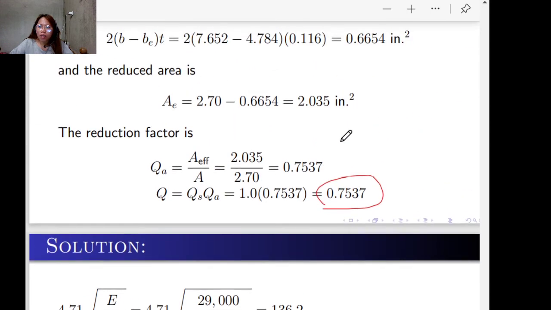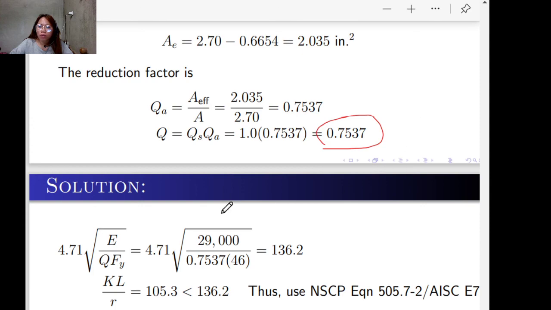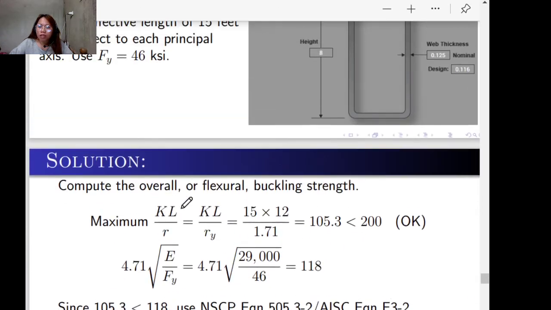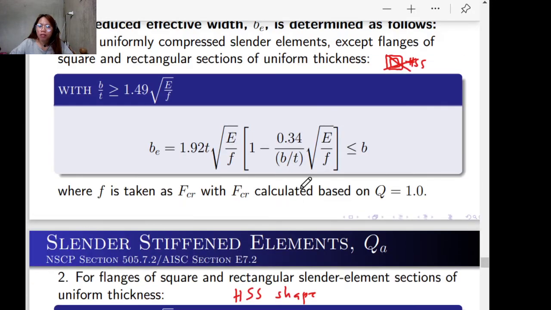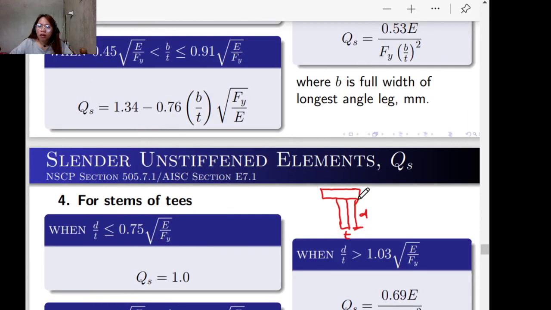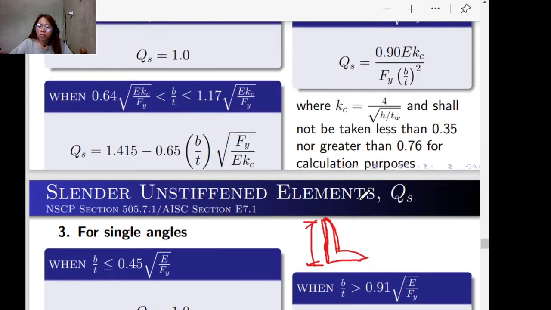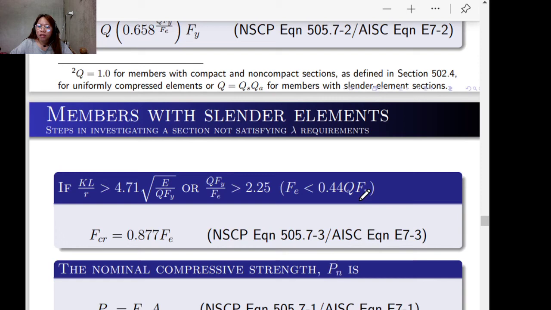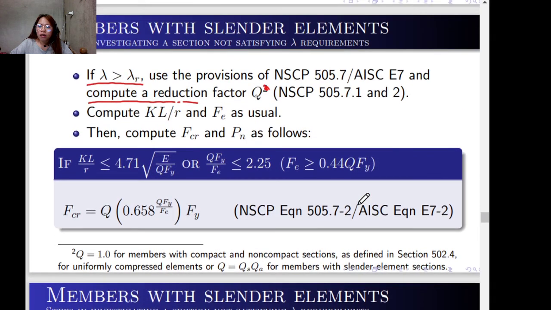Since we have the reduction factor Q, this equation is actually 4.71 square root of E over Fy times Q, no? Let us go back to this Q. Yes, this one. Right?